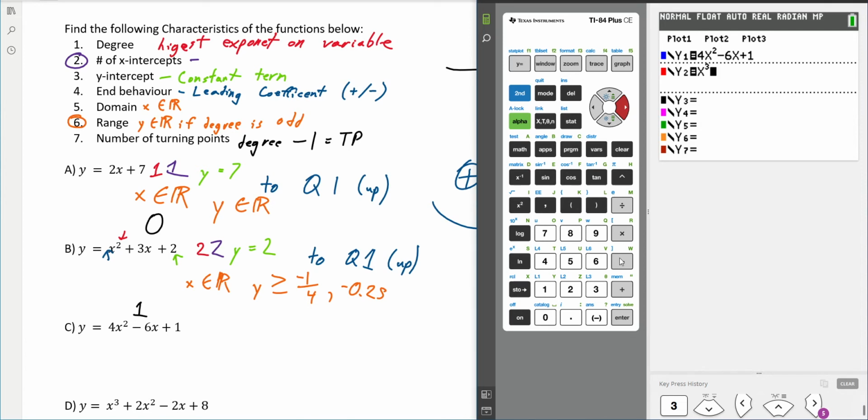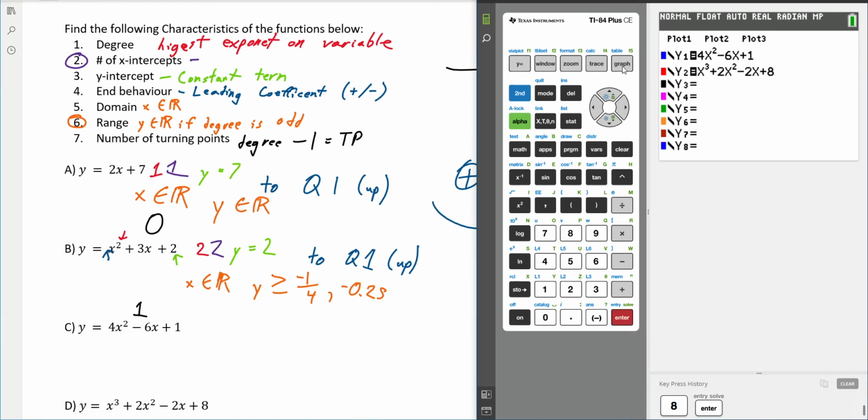There you go, x cubed, 2x squared minus 2x plus 8. So here we have the function for the second one, and just double checking that that's correct. Yep. And so now we can press enter, and let's try both of those at the same time.